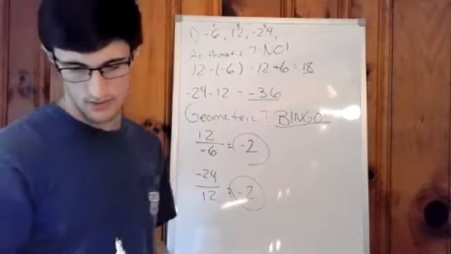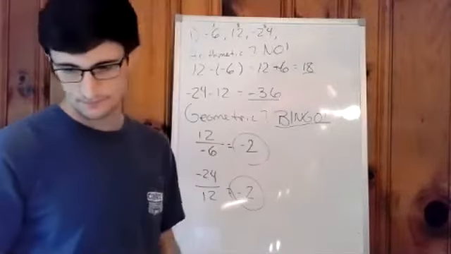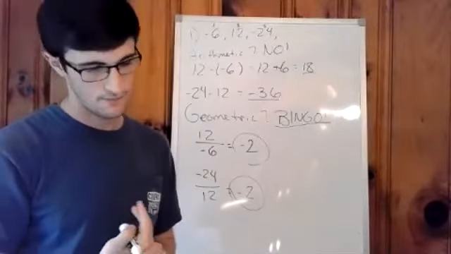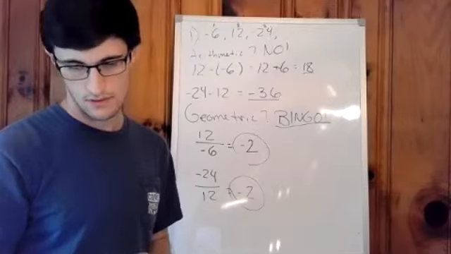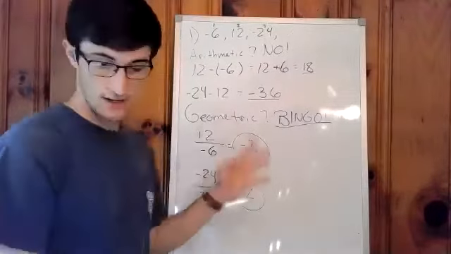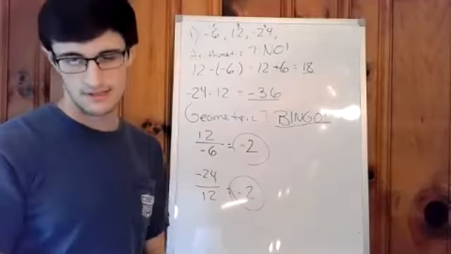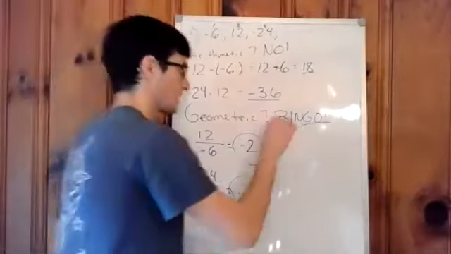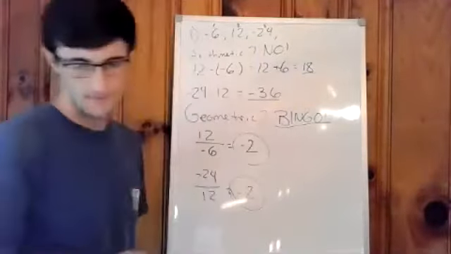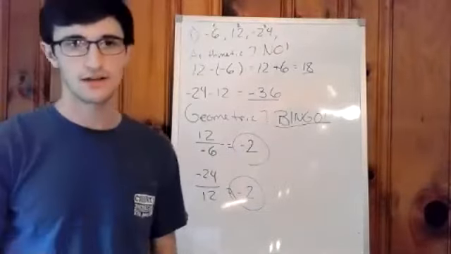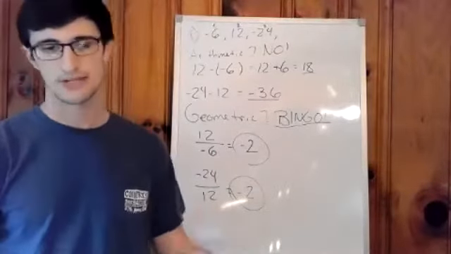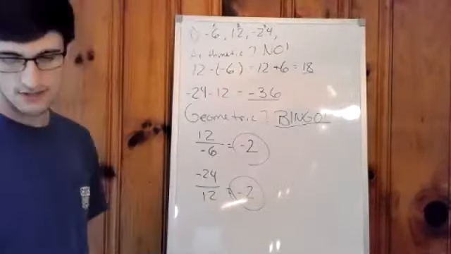So representation, that's our numbers, okay? It's our list of numbers. Next column is arithmetic or geometric. So you would write geometric right there. And then you would actually list out the common difference or ratio. In this case, it was -2.